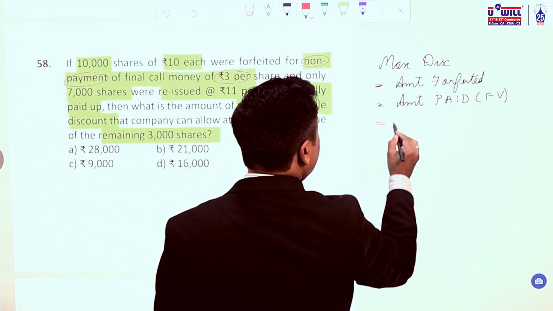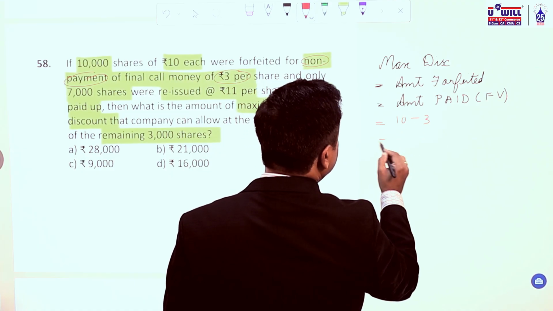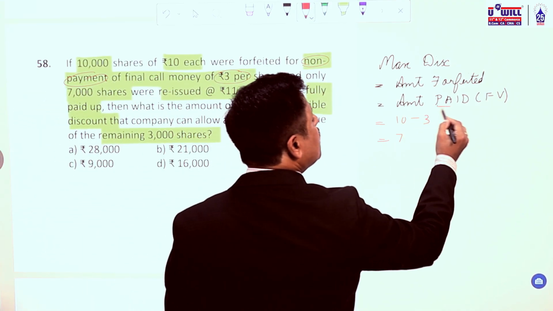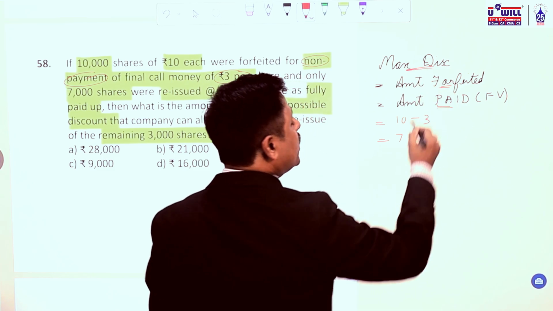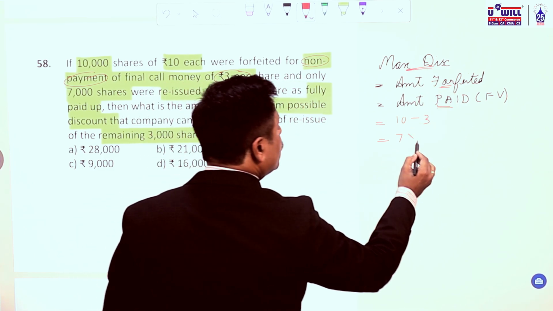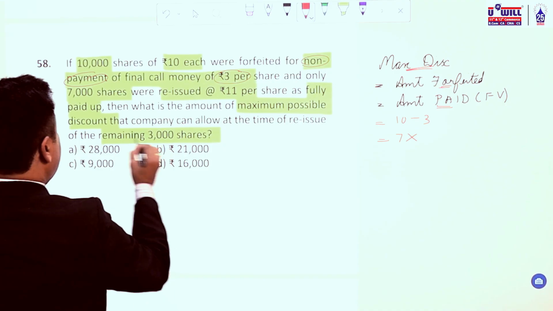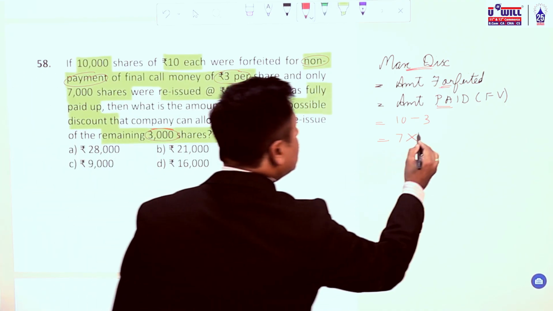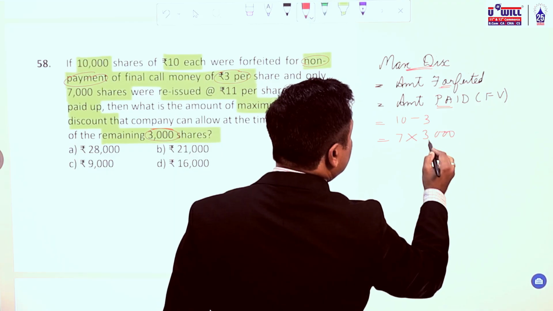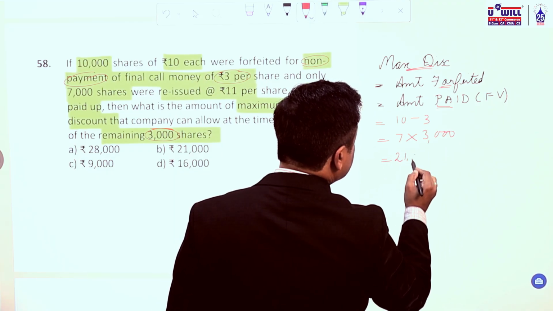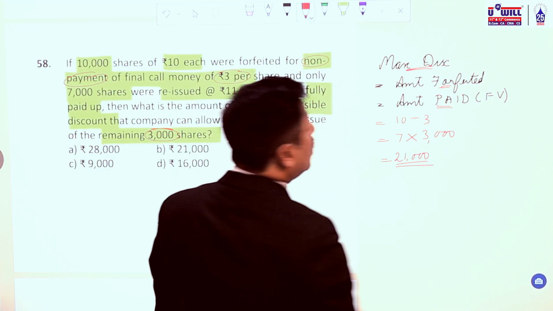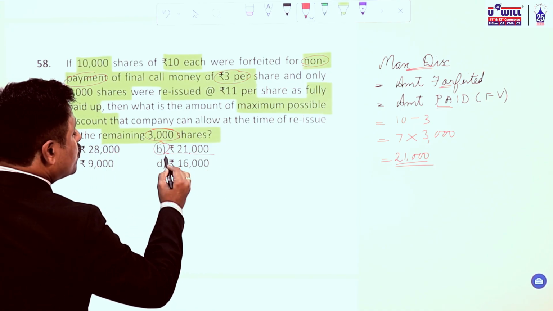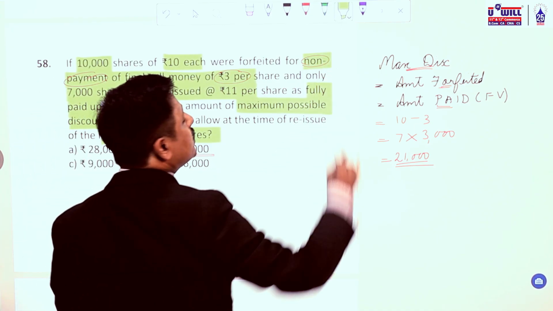So what is the amount paid? 10 minus 3, 7. Whatever amount is paid, that is amount forfeited, and that is the maximum discount we can give, 7 rupees. They have asked what is the maximum discount that the company can allow at the time of reissue of remaining 3,000 shares. So 7 into 3,000, that is 21,000. Option B will be your correct answer.